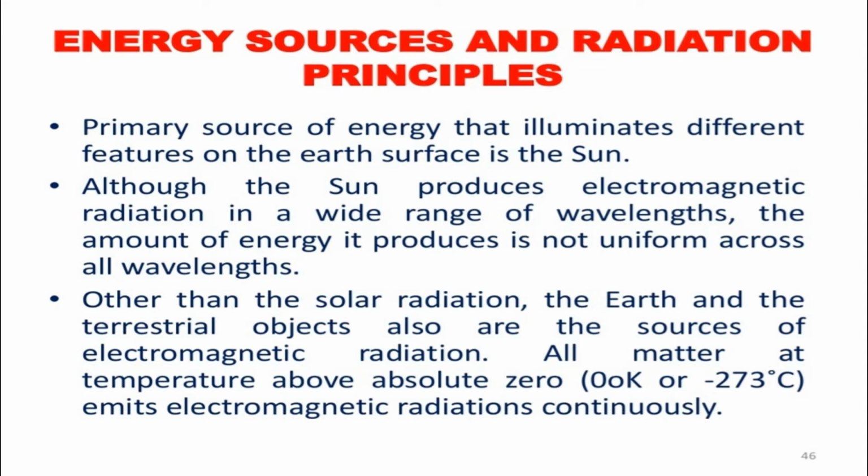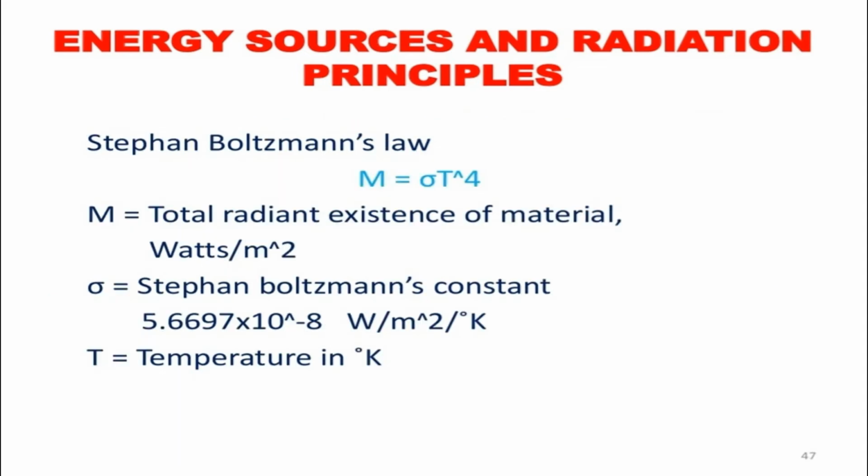We have to understand that all objects emit radiation all the time. Practically, all objects have a temperature above 0 Kelvin, or minus 273 degrees centigrade, so all objects emit electromagnetic radiation continuously.